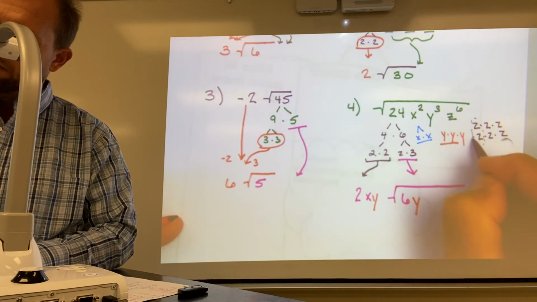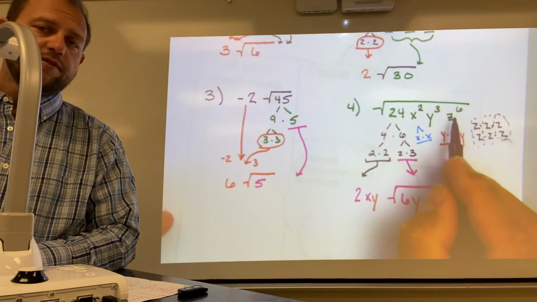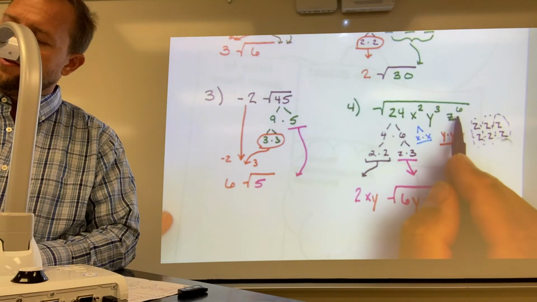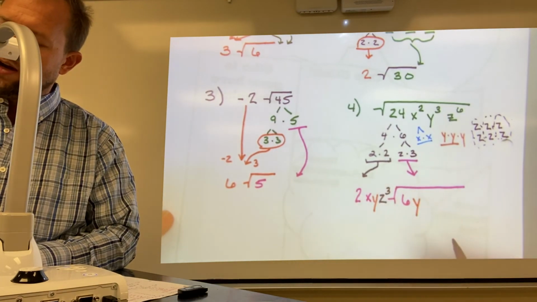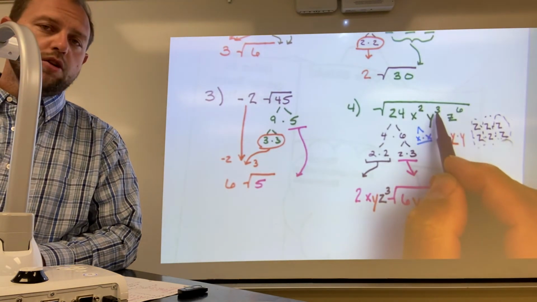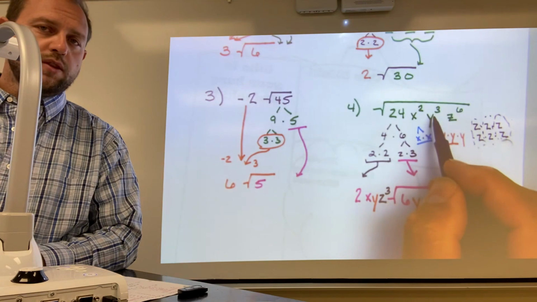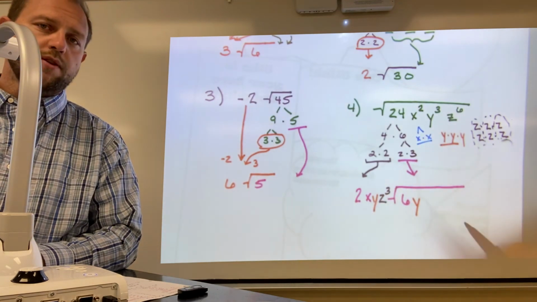Well, for every pair of them, 1 can come out. There are 3 pairs of them. So it's basically dividing the exponent in half. If z to the 6th power, we're going to have z cubed outside, none left over. When we had y cubed, we can take 1 less, y squared, cut it in half, and 1 y remaining.